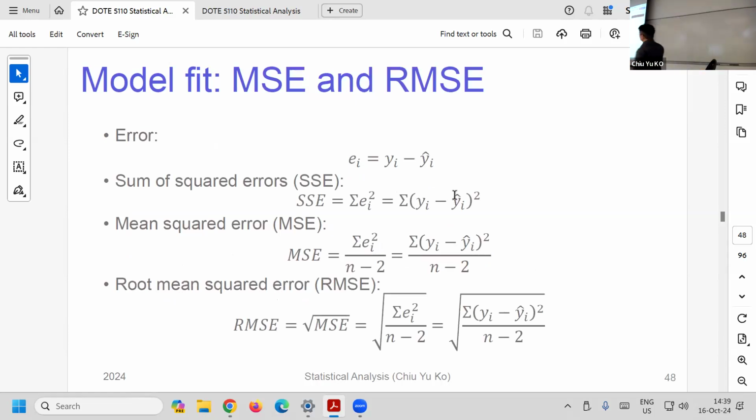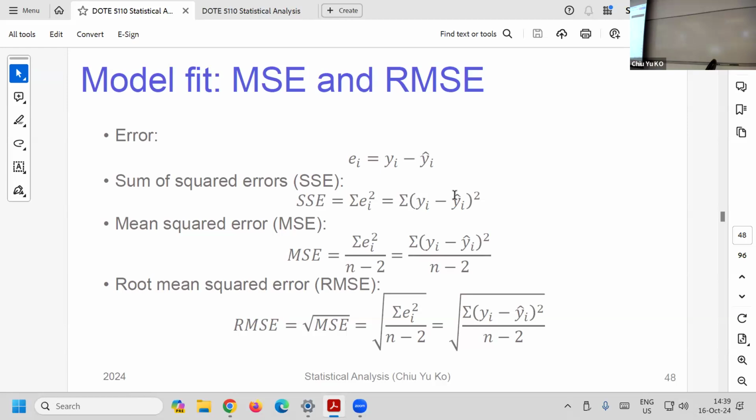And as I mentioned just now, the SSE is the total sum of squared error that the model failed to explain, right? Usually we don't care particularly about this; we care about MSE.